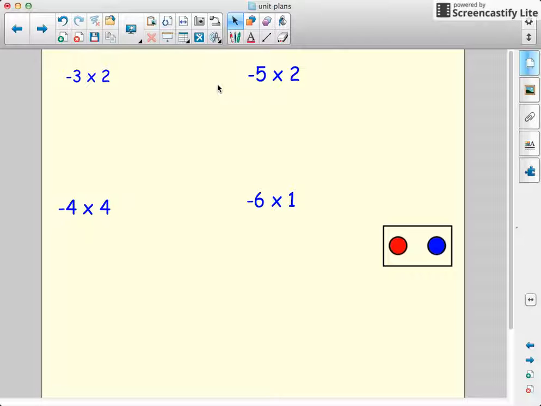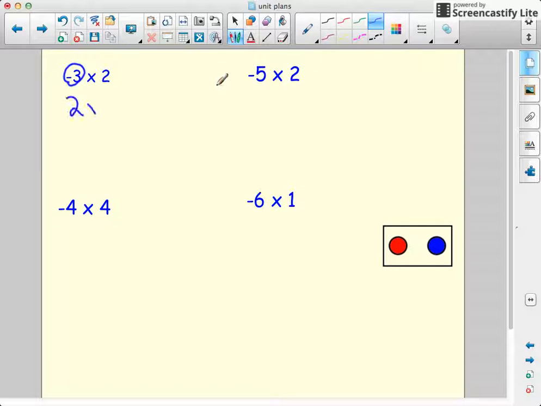This kind, I have a negative times a positive. So I can't actually have a negative number of groups, right? I can't have -3 groups. But the good thing with multiplication is that you can do it in any order. So you could just say 2 times -3. So that would be 2 groups. This is my multiplication sentence. 2 groups of -3 in each group.